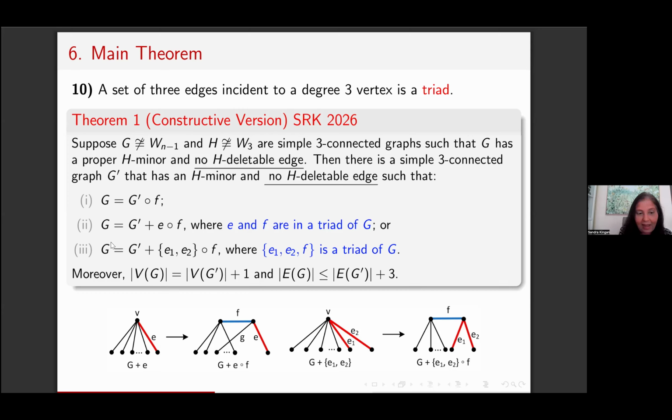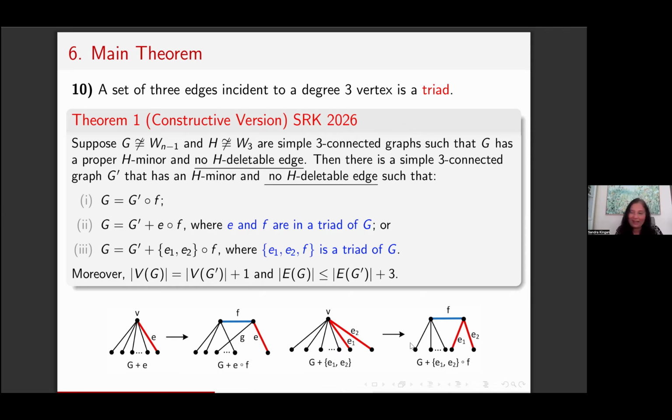And you can add 2 edges and split the vertex so that E1, E2, F is a triad. So that's a very specific way that you can grow graphs with no H-deletable edges. So if G has no H-deletable edge, you can find a smaller one that also has no H-deletable edge in this manner.